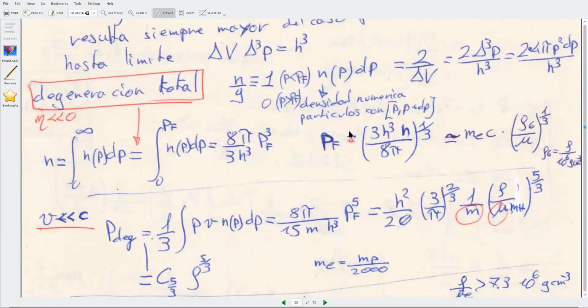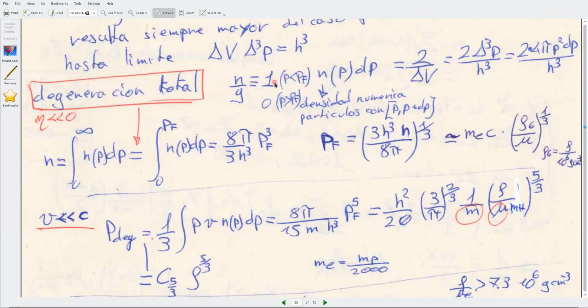You have this equation here, going over the total degeneracy, theta definitely smaller than 0, really negative.